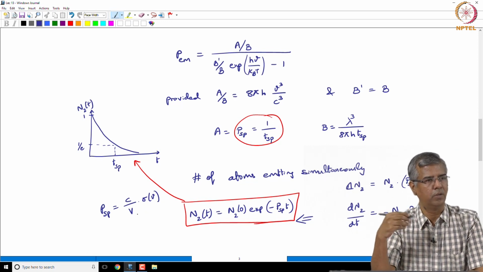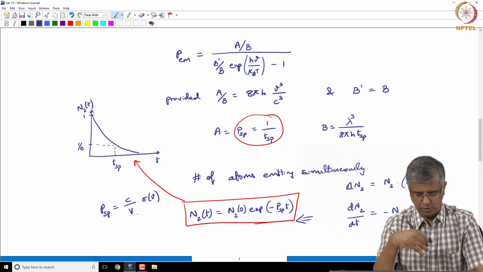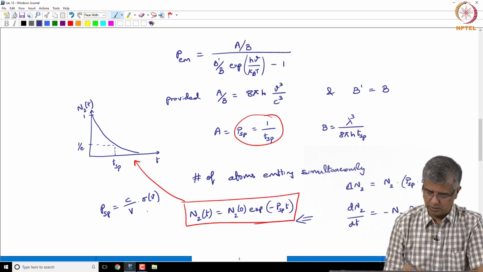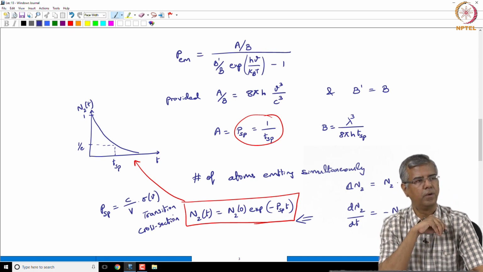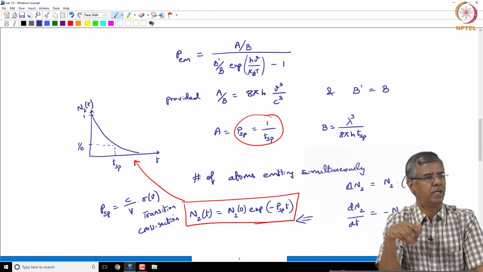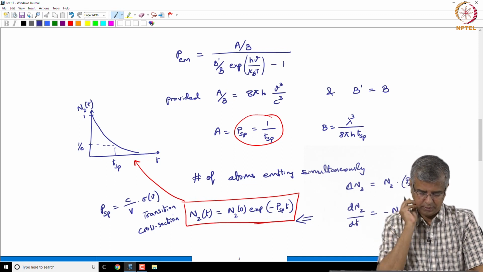We will not look specifically at the probability density every time. We will refer to this sigma value, which corresponds to what is called the transition cross section, okay. So, instead of representing in terms of probability, we will represent it in terms of what is called a transition cross section, okay.